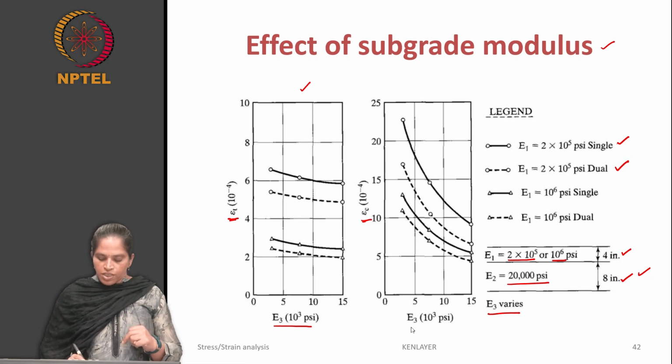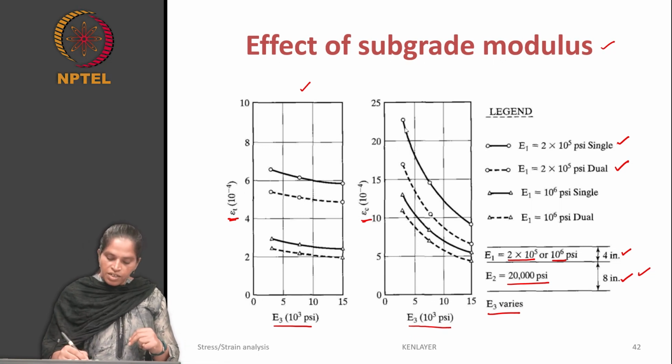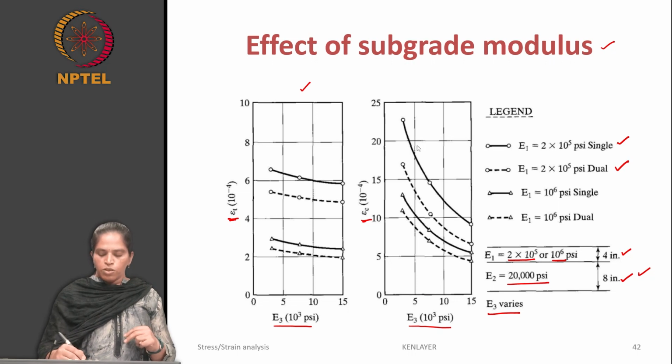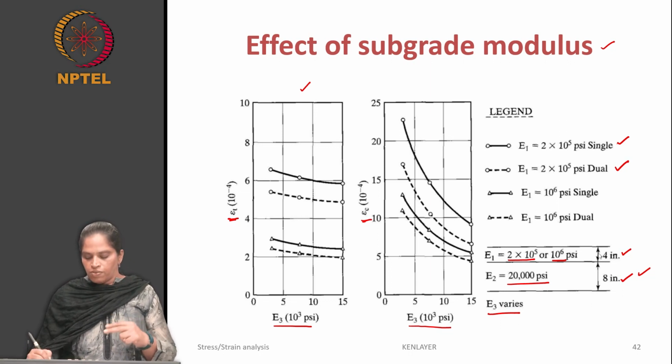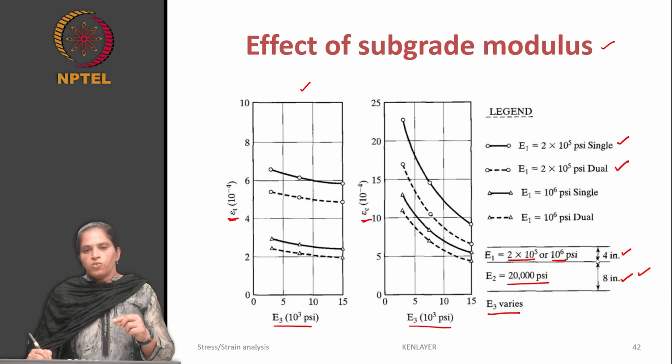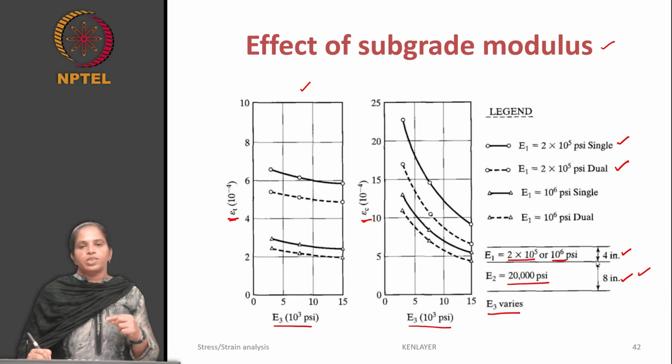By increasing the E3 value, epsilon C decreases considerably and the curve is almost parallel for all cases, which says that an increase in subgrade modulus decreases epsilon C irrespective of the asphalt layer modulus or the axle configuration. So, if you want to reduce vertical compressive strain at the top of a subgrade layer, one way is to increase the subgrade modulus.